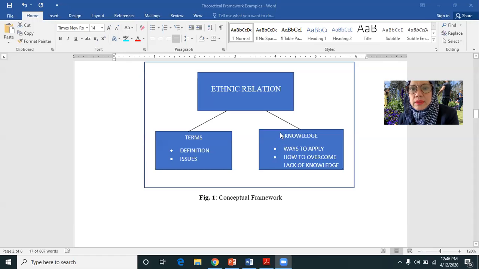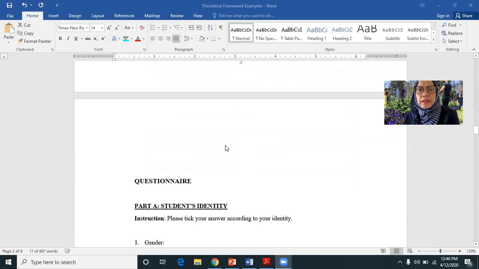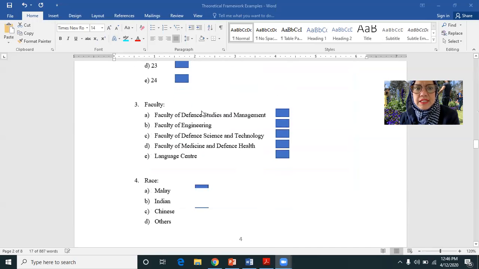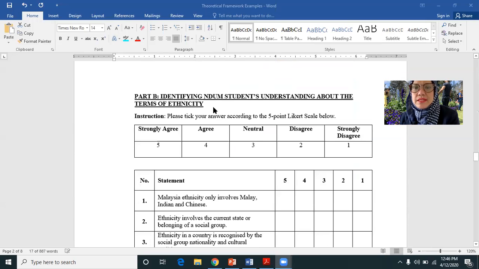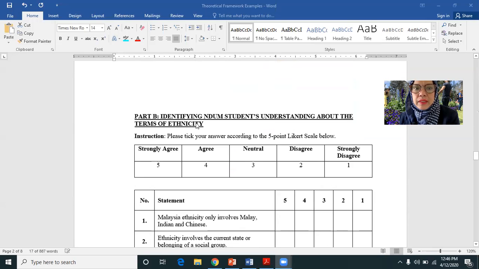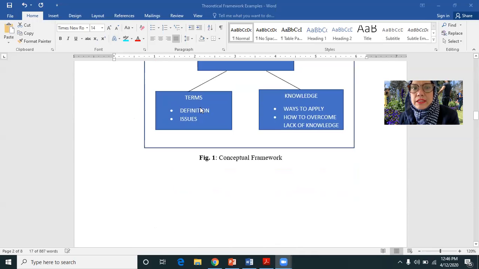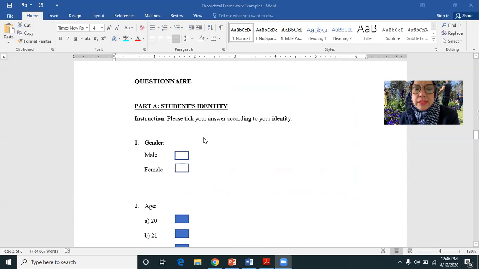Basic knowledge which comprises of ways to apply ethnic relation and how to overcome lack of knowledge on ethnic relation. So let's look, this is the demographic identity of students for questions, and this is about understanding terms related to definition and issues on ethnic relation.